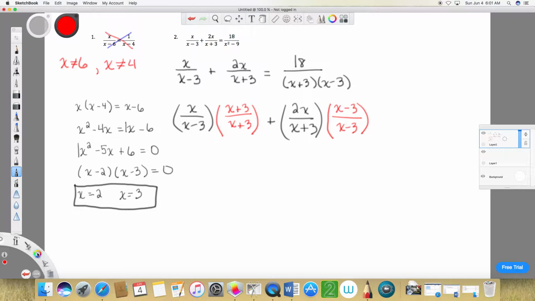We've seen that idea many times in just basic arithmetic. When you're adding two fractions together, such as 1/2 and 1/3, you need a common denominator.